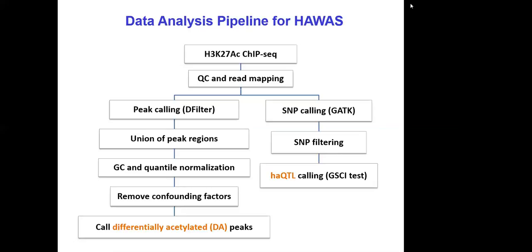So I presume smoking has been determined to be a confounding factor in the blood epigenome. I am not aware of any studies that show that smoking is a confounding factor in the brain, but who knows? It's quite possible. But we did not have information on the smoking status for the individuals that we had.